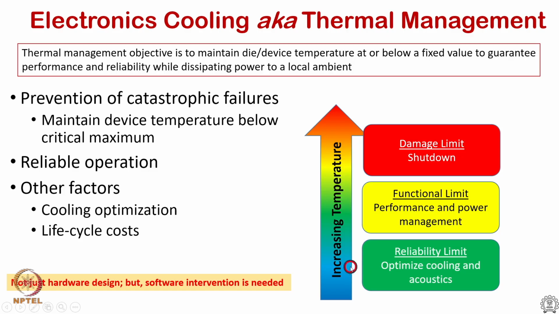However, as we increase the temperature, as we go higher and closer to the threshold limit, performance and power management kicks in. What is this? Suddenly you see that your phone is slowing down when you are running a lot of applications, or your laptop is slowing down as you are running a lot of videos. What happens is that the speed of the processor is throttled.